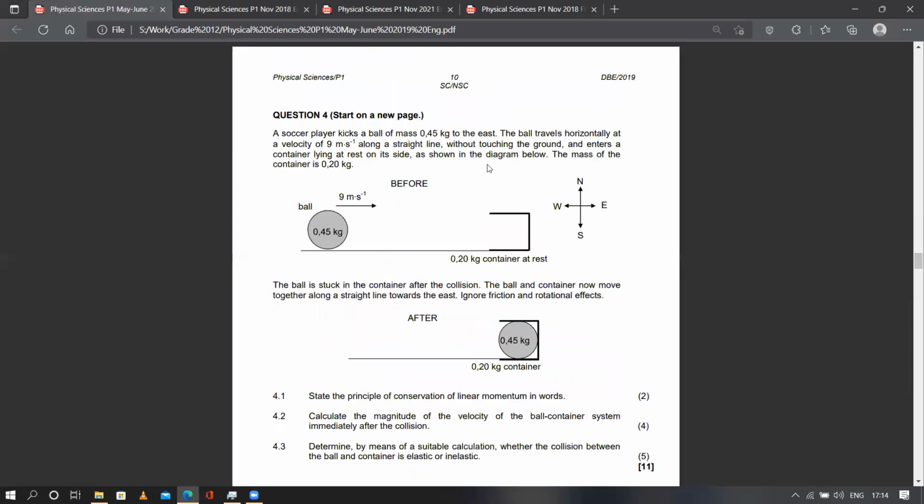Projectile motion is fairly easy, and this is also momentum. There's a 5-mark question at 4.3.